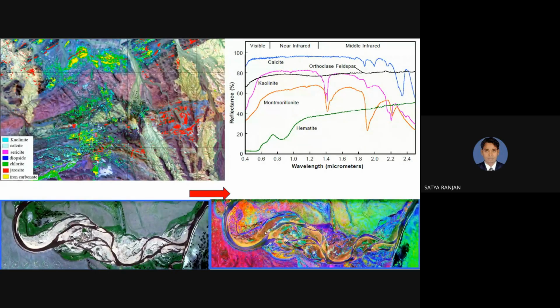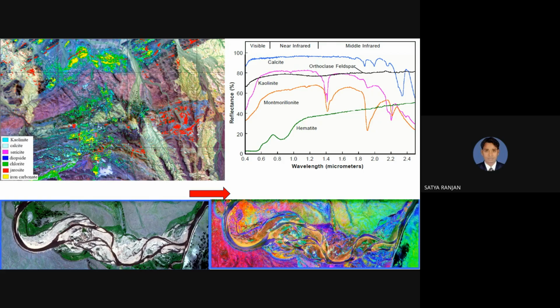So it has a high detection capacity between each different chemical composition. It generally detects the chemical composition of the materials on the surface of Earth based on their narrow bands.